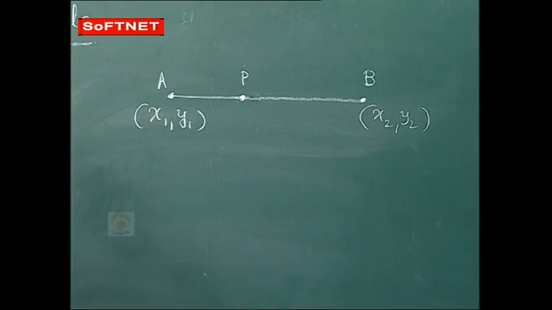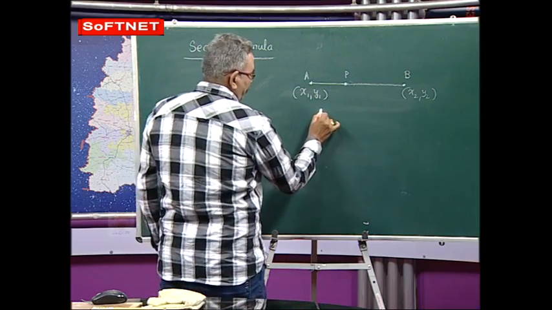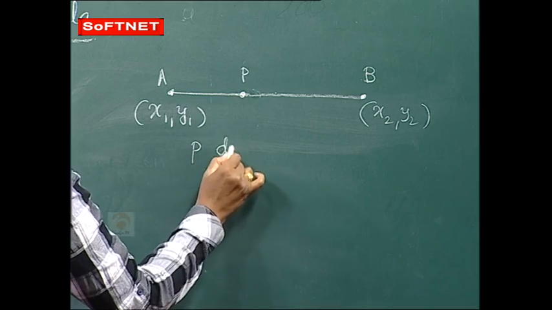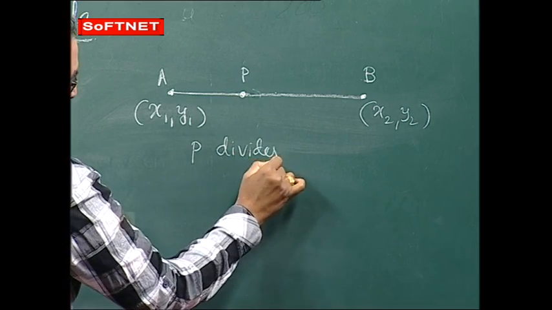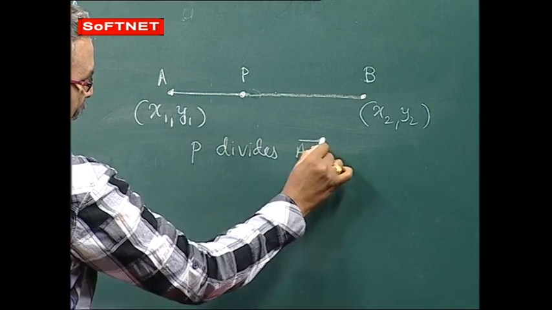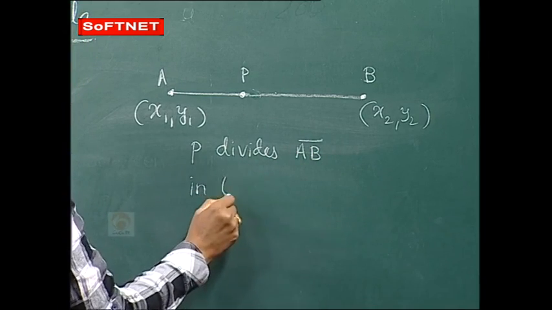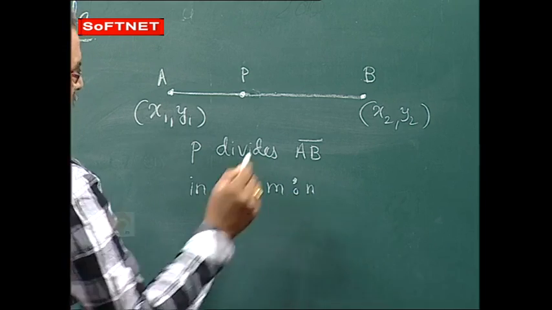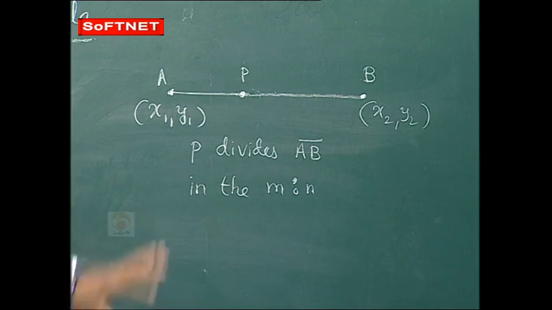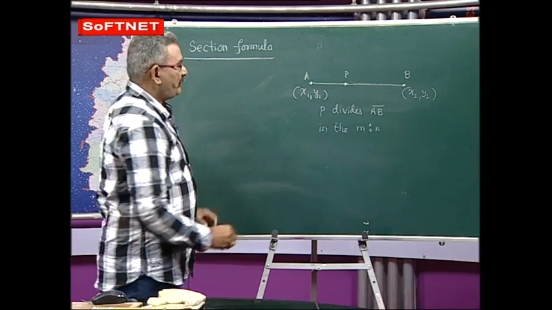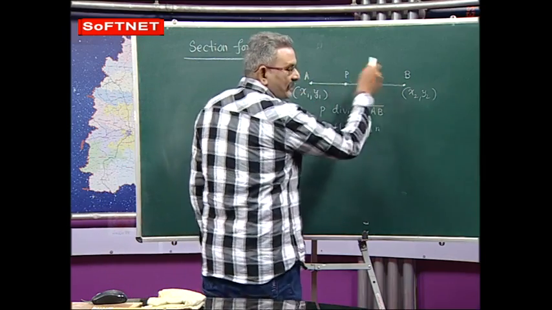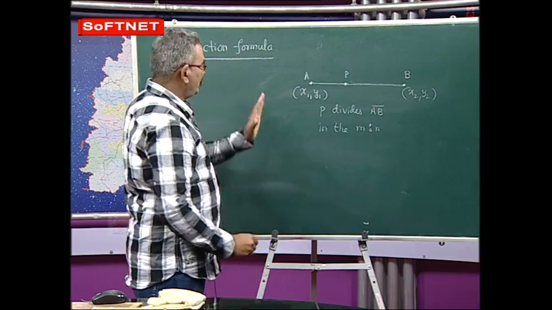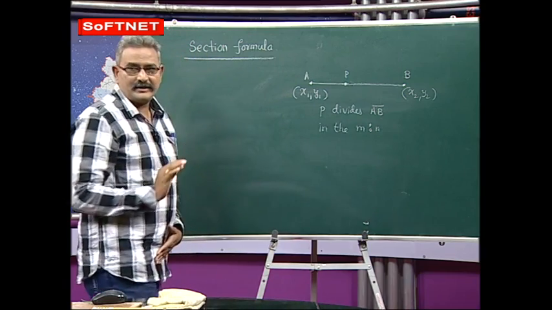Suppose P divides AB in the ratio m:n. Now, how to find out the P coordinates? Here P is said to be internal, not external. So, that means now we can write the formula.